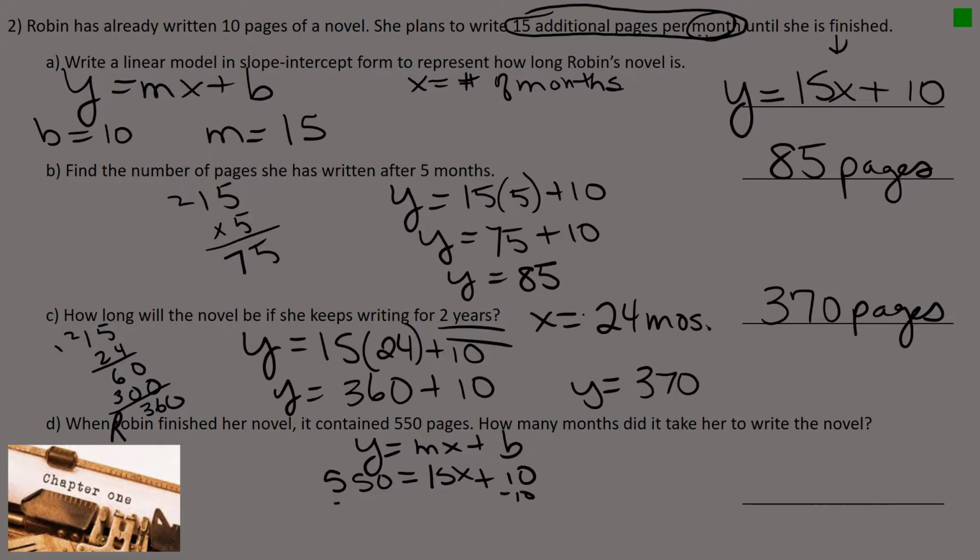So I'm going to subtract 10 from both sides, and I get 540 equals 15x. So then I need to do 540 divided by 15.